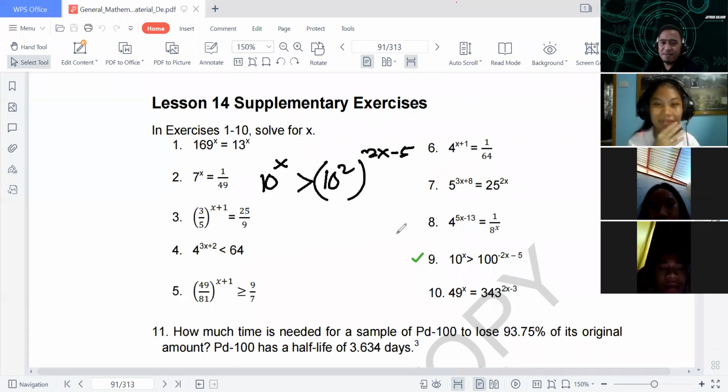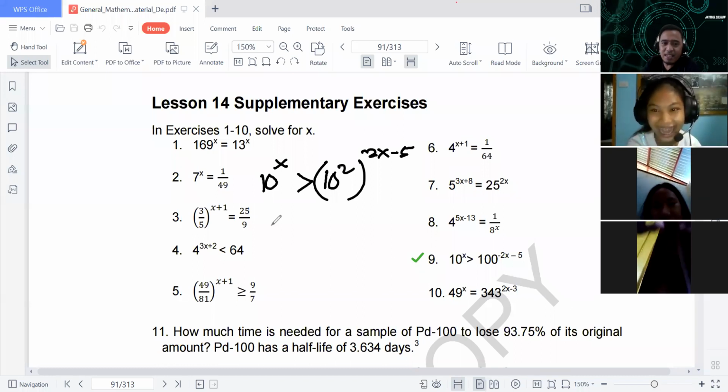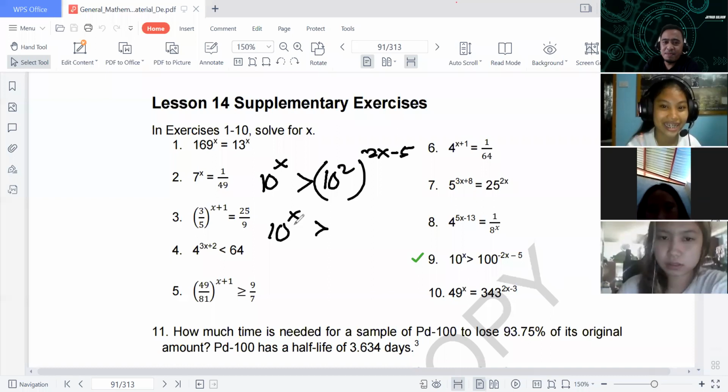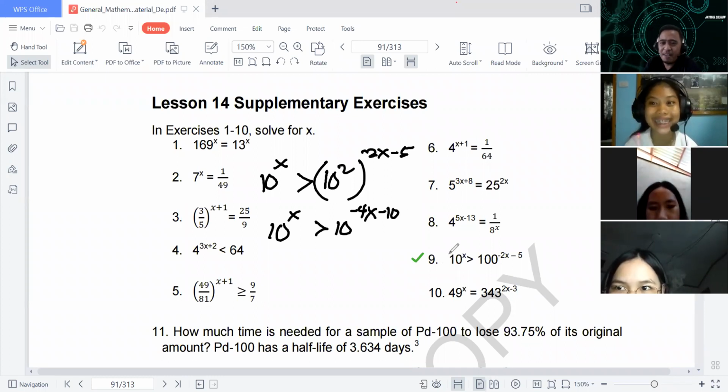Help. 10 to the x is greater than 10. And distribute the 4: 4x, negative 4x, 4x minus 5, minus 10. Minus 10, sir.